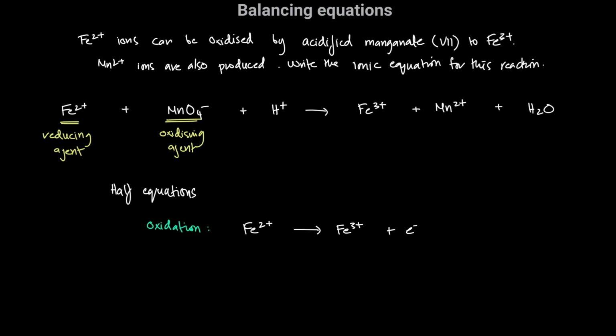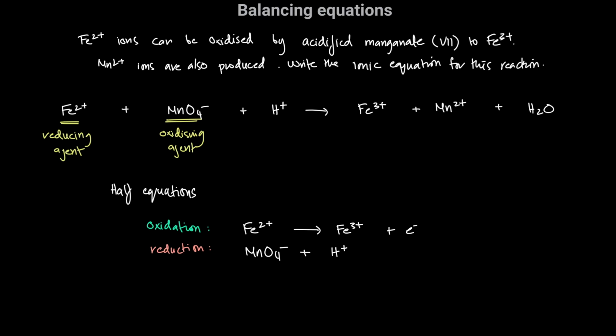And now if you look at the half equation for reduction, we know that manganate(VII) is the oxidizing agent, it's undergoing reduction. So we have acidified MnO4-, acidified manganate(VII), so in acidic conditions, and we also know that its oxidation number is going from +7 to +2. So each manganate is gaining 5 electrons.